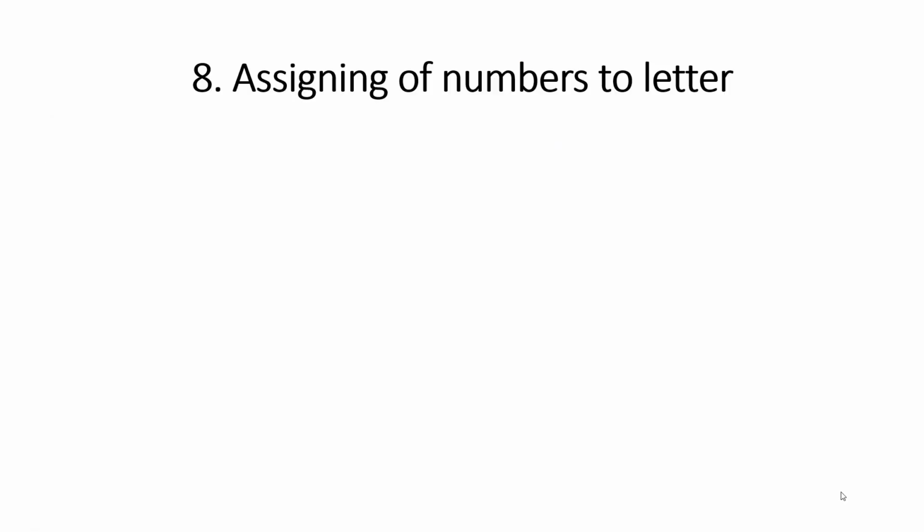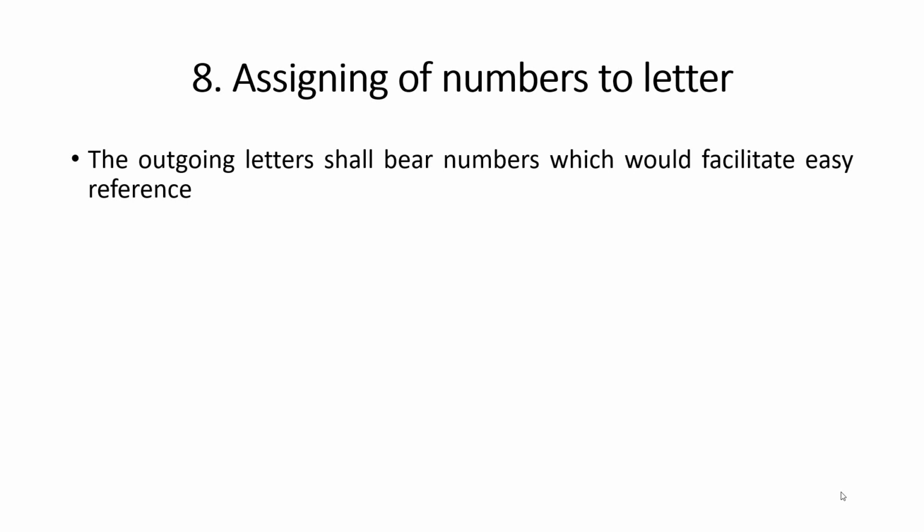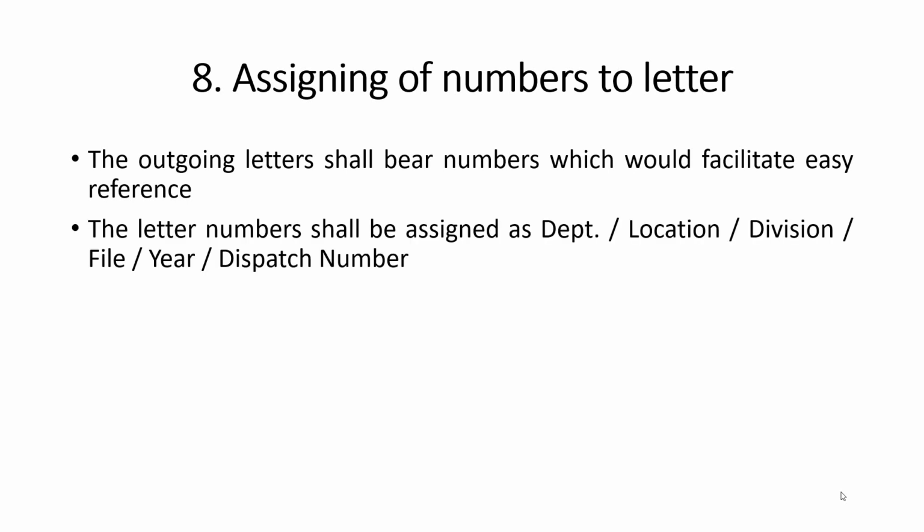Assigning of numbers to letter. The outgoing letters shall bear numbers which would facilitate easy reference. The letter numbers shall be assigned as department, location, division, file, year, and dispatch number. Example: CNR/TRG/02/2019-2020/4444.